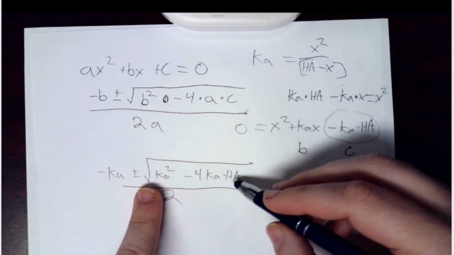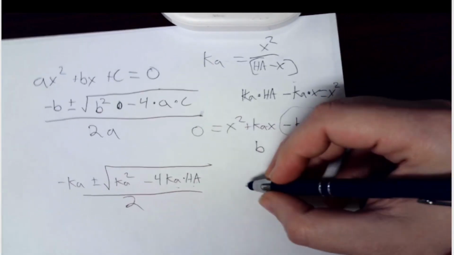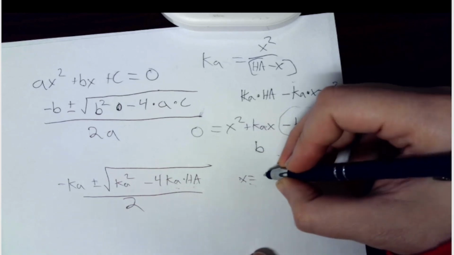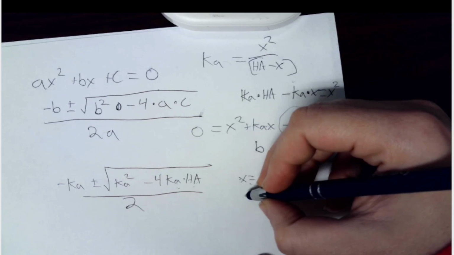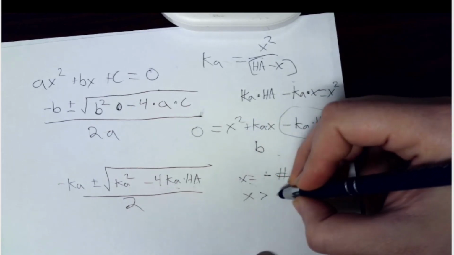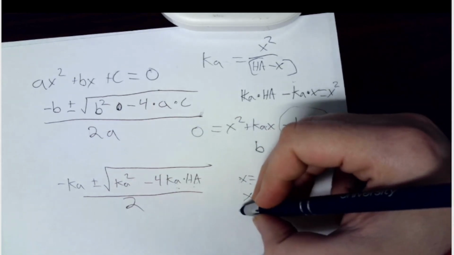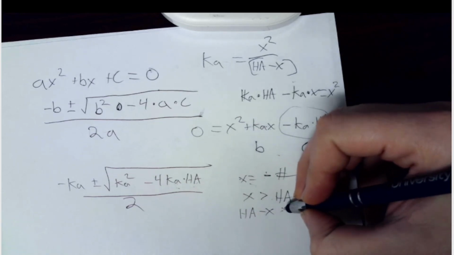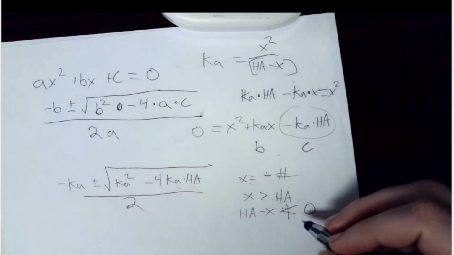Now, obviously, you have to check the positive and the negative values, because for one of these answers, you're either going to get a negative number for x, which is wrong because you cannot have a negative concentration, or you're going to get x greater than HA, which is also wrong, because HA minus x cannot be less than 0.